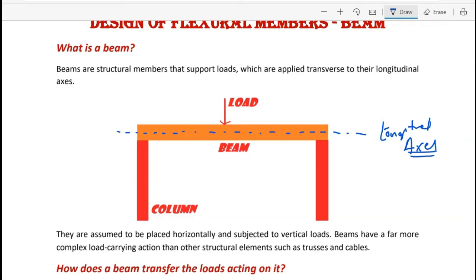The direction of load is going to be in the transverse direction, that is perpendicular to the longitudinal axis. This is the case of loading. This is how load acts on a beam. So we call this load transverse load, which acts transverse.